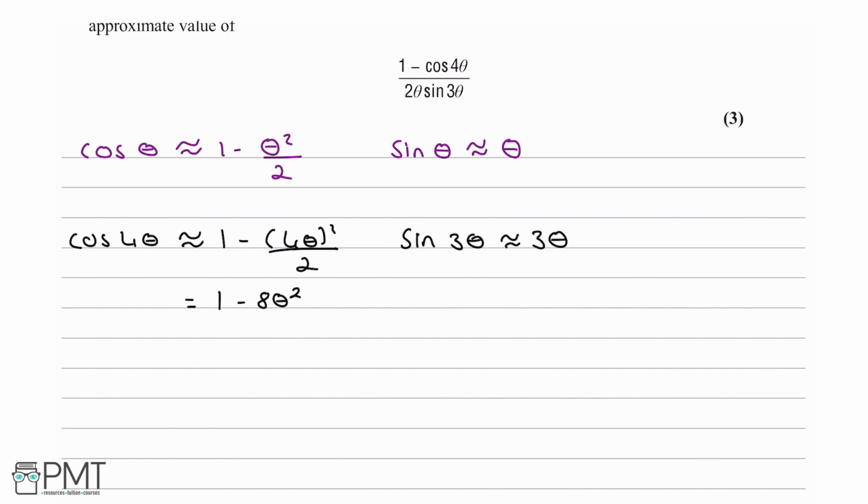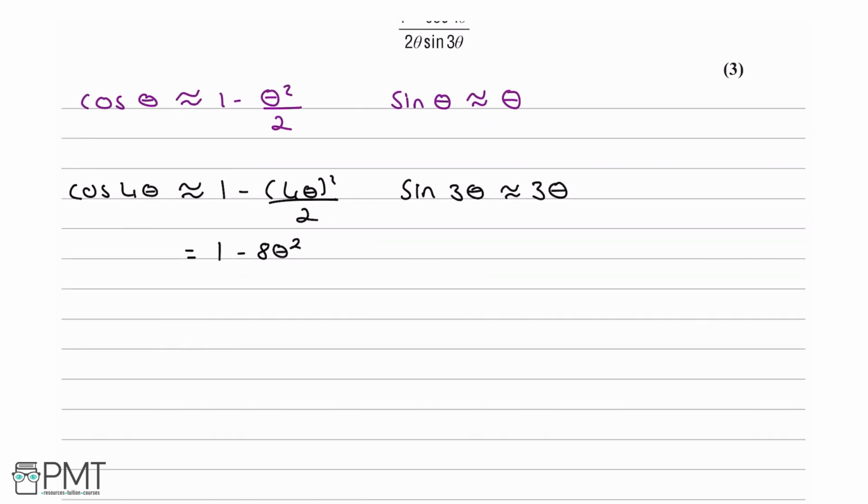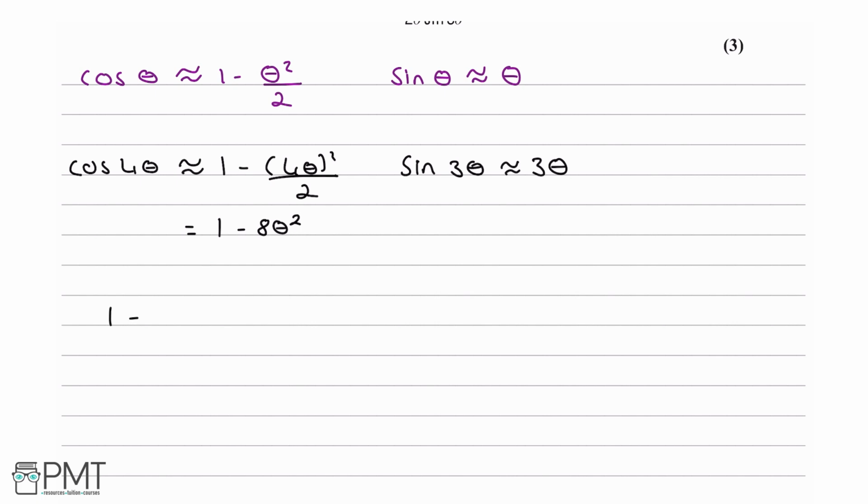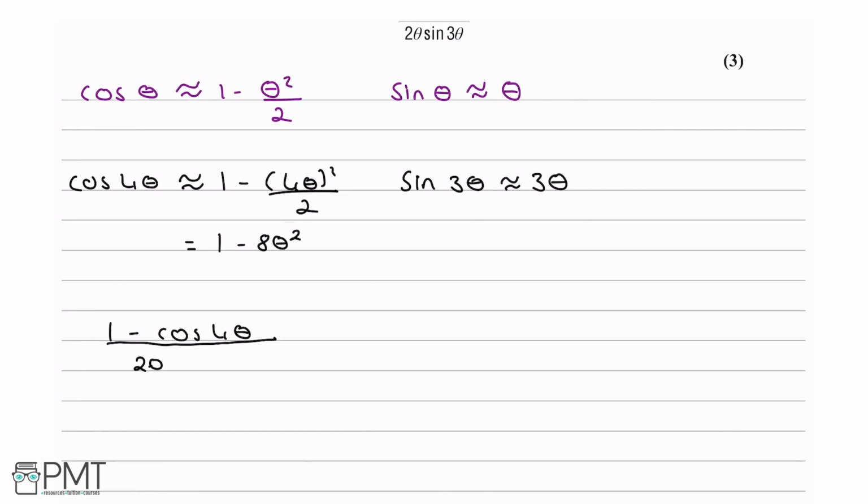Right? So if we just put this all back into our expression, we have 1 minus cosine 4 theta over 2 theta sine 3 theta equals, well, what is cosine 4 theta?